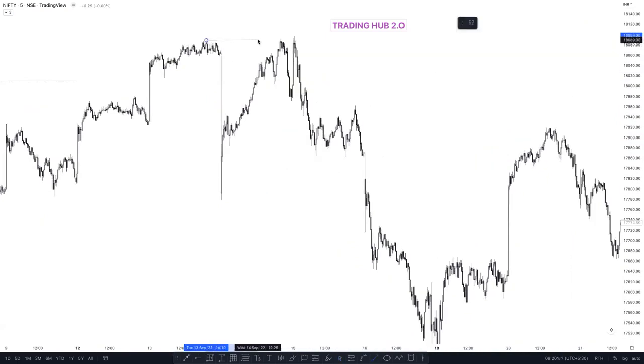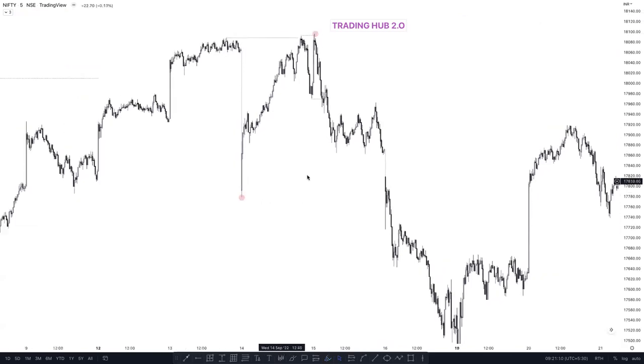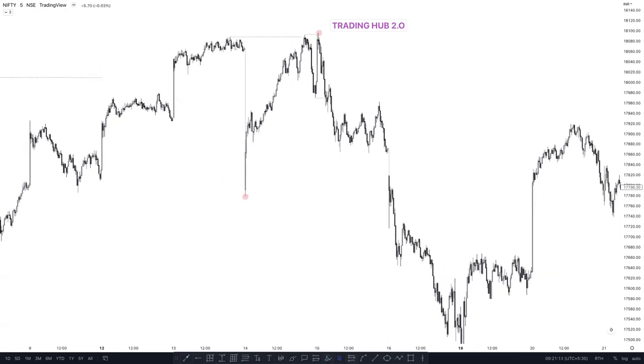And this was our high, which was taken out by this one. And this high was taken out by this move. This is an inducement. And higher high is here, so high is confirmed. And our lowest point is here, right? So technically, this is our structure.